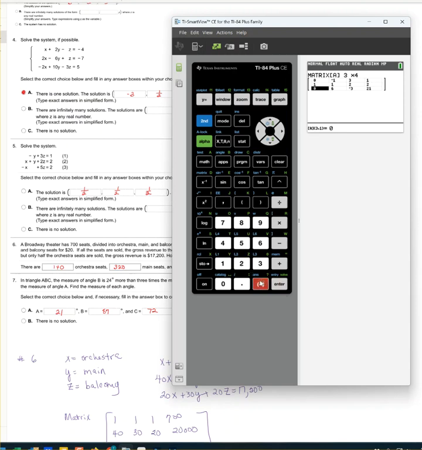And third row we have a -1, a 0, a 5, a 2. Okay. All right, so I think we've got them all in. Second, quit. Always quit out of it. Second matrix, math, RREF is down the way.